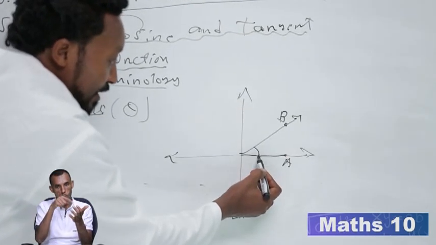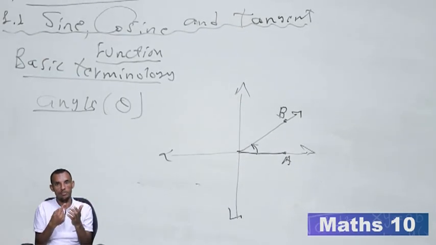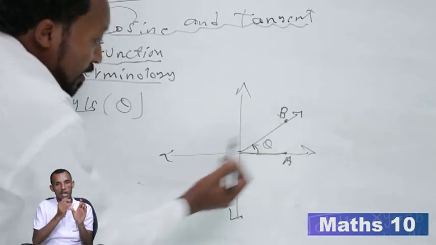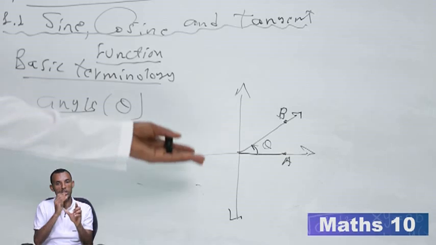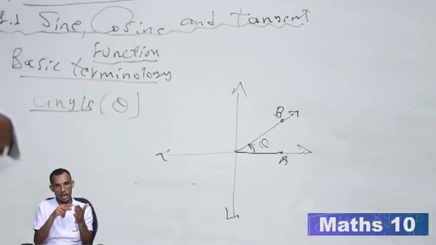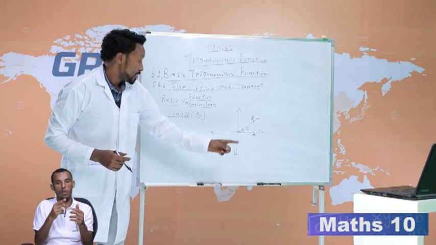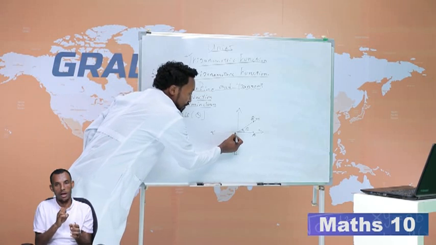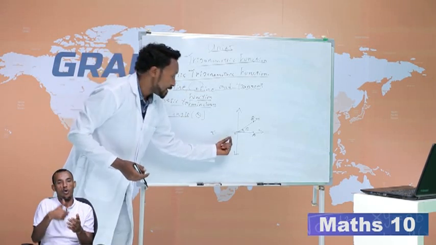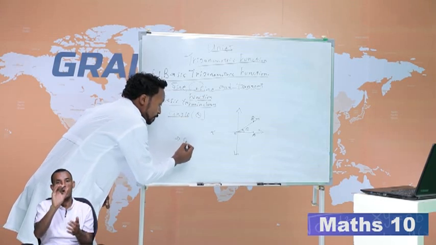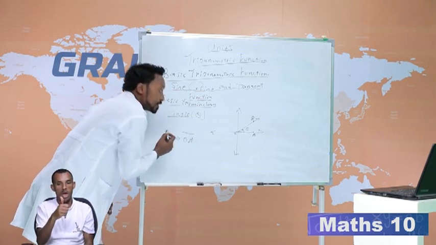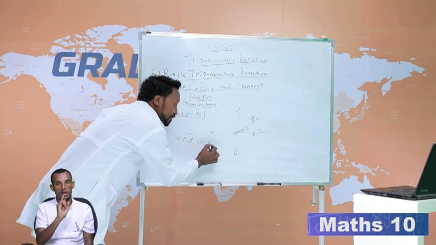There is an angle here. This angle is theta. What is the initial position of theta? Here is origin O. OA is the initial position.